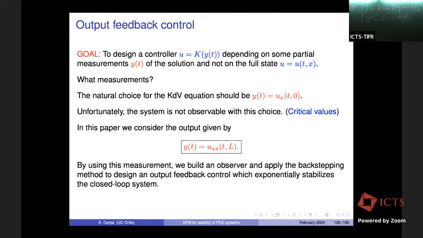So in order to do that, you have to build an observer such that you have this convergence when time goes to infinity, of course.